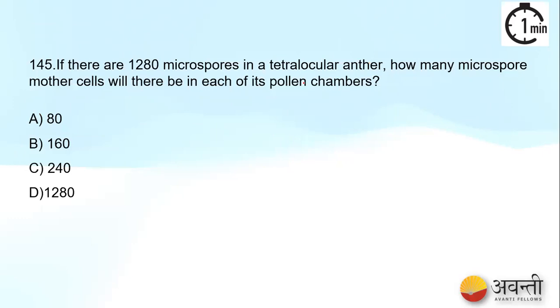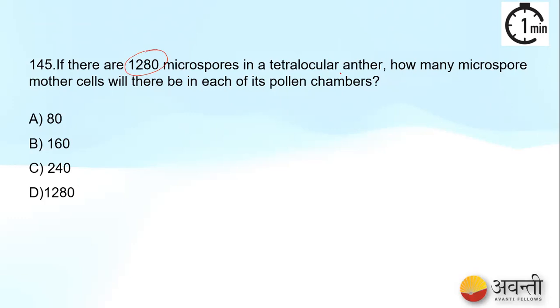Next one. If there are 1,280 microspores in a tetralocular anther, how many microspore mother cells will be there in each pollen chamber? 80, 160, 240, 1,280 are our options. Let us see.